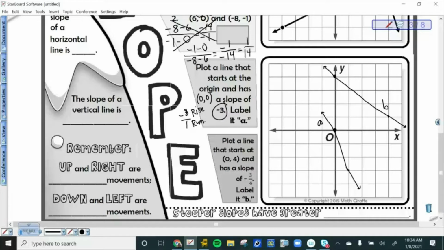How do you write absolute value? Do you write absolute value like this, with those 2 lines? So the absolute value of 6 is what?